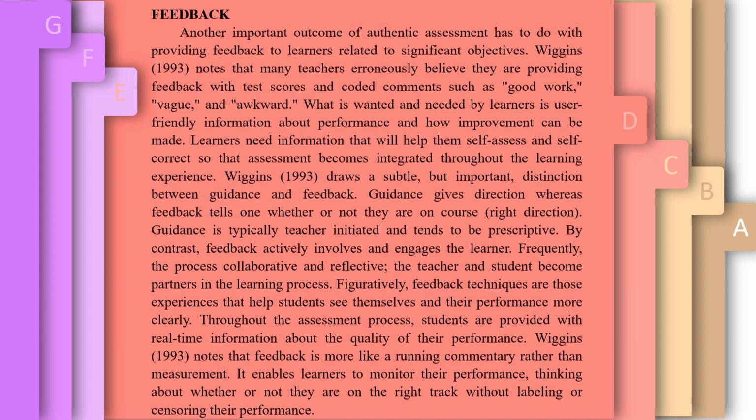What is wanted and needed by the learner is user-friendly information about performance and how improvement can be made. Learners need information that will help them self-assess and self-correct so that assessment becomes integrated throughout the learning experience.